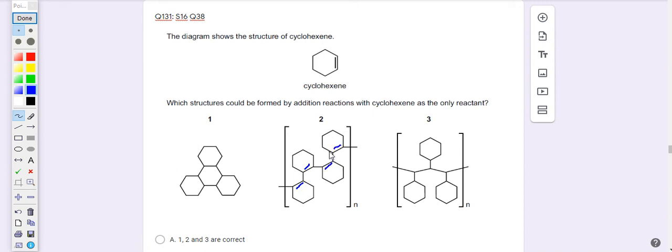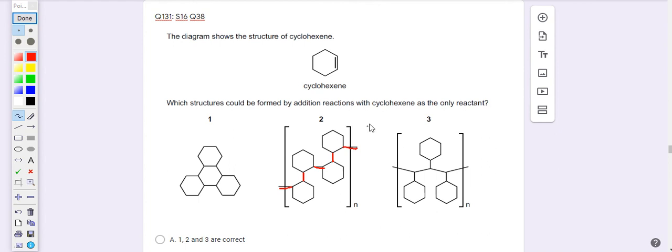Then when they are polymerized, they open up the double bond, no more double bond, and then form new bonds between the monomers. So I put them in red color. These are new bonds.